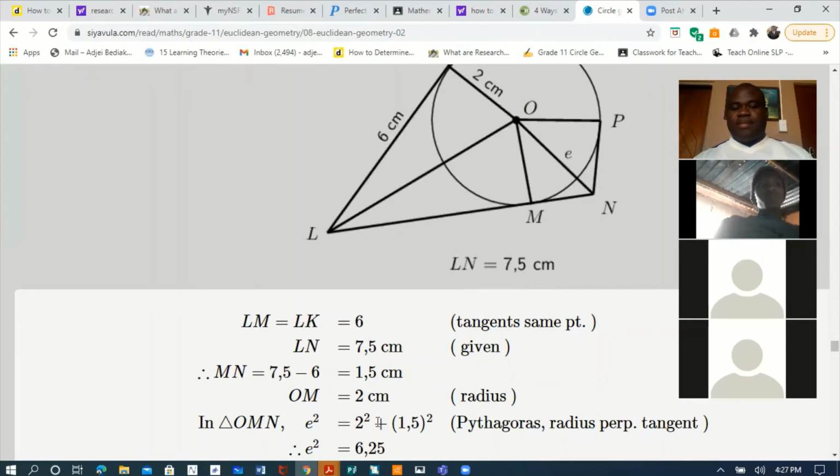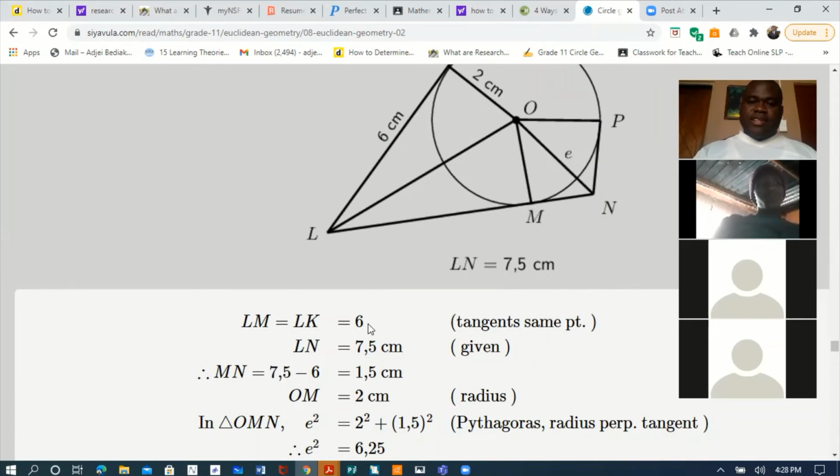Then theorem of Pythagoras comes in. The theorem of Pythagoras, what does it say, guys? Opposite squared plus adjacent squared is equal to hypotenuse squared. Remember it is the longest side squared, which is the hypotenuse.